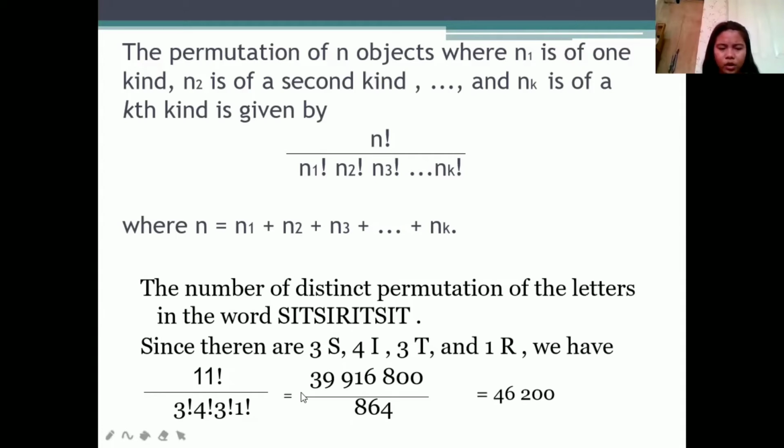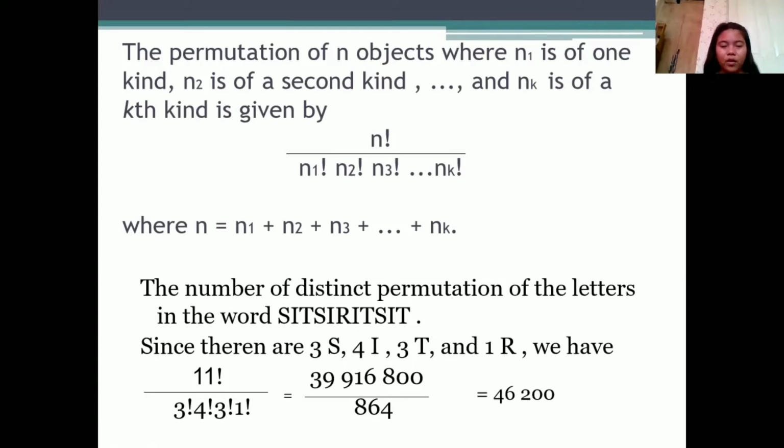So 11 factorial equals 39,916,800, and 3 factorial times 4 factorial times 3 factorial times 1 factorial is equal to 864. Then we divide 39,916,800 by 864, and that is equal to 46,200.